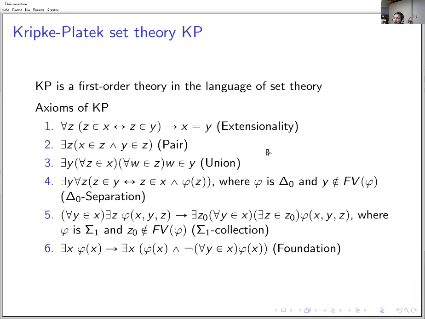When you have the real membership predicate, you get foundation for free, because any transitive model will be well-founded from an external point of view, and what foundation says is that you have minimal elements for definable subsets of a model.